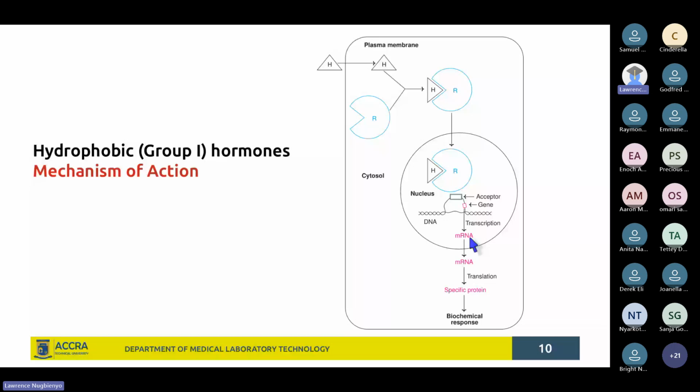The messenger RNA then comes out into the cytosol, where it undergoes a process of translation. A specific protein is synthesized, and that protein, of course, will be responsible for a specific biochemical response.